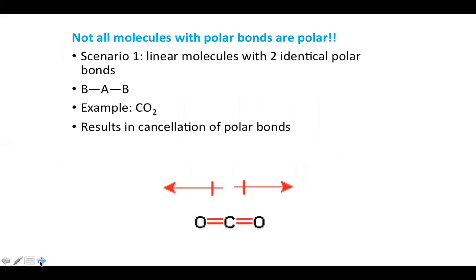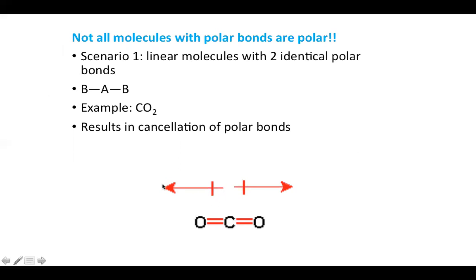One example we'll look at here is carbon dioxide. We see the left oxygen to carbon is a polar bond, because it's different atoms. They have different electronegativities. Oxygen, of course, is more electronegative than carbon. And then same thing on the right side. This carbon to oxygen bond is also polar.